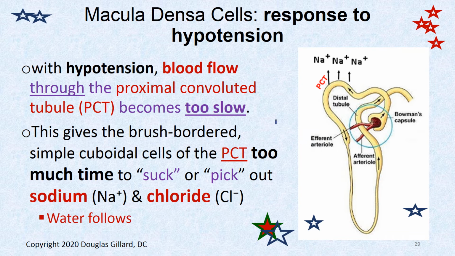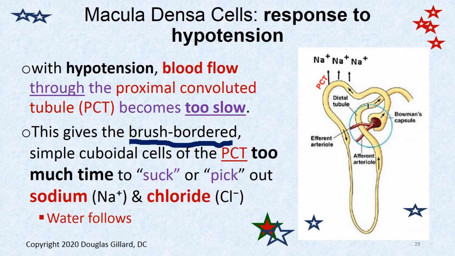So the cells of the proximal convoluted tubule, which by the way, remember from Dr. Doe histology days, they're simple cuboidal cells. What's weird about them is they do have a brush border, a very tiny brush border. But their job is to pick out the sodium and chloride amongst other molecules.